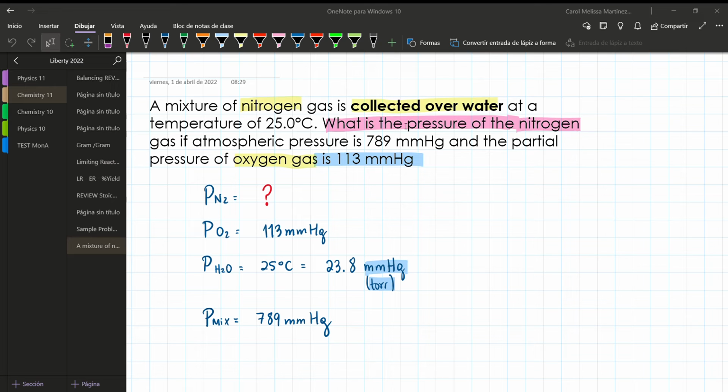So according to Dalton's law of partial pressures, I have the pressure of the mixture is equal to the pressure of all the gases. I have nitrogen, I have oxygen, and I have water vapor. Okay, and I'm looking for nitrogen. So I'm going to adapt this formula and I will isolate for nitrogen.